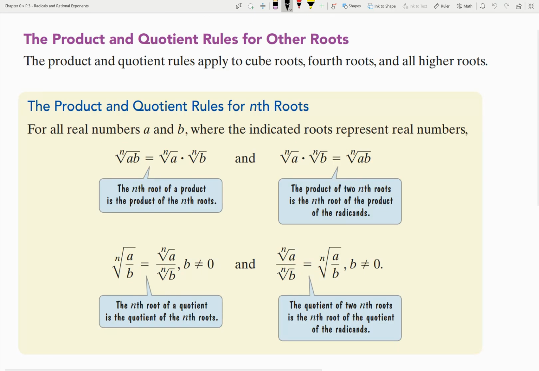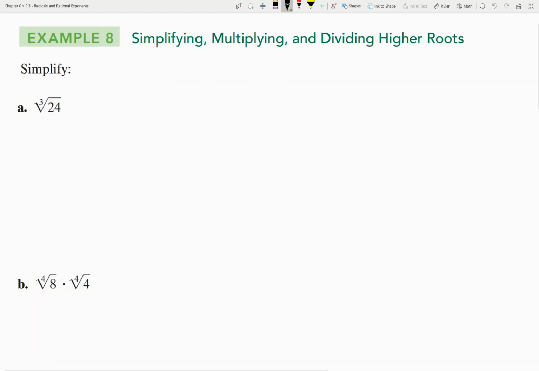The product rule and the quotient rule work the same. As long as you have the same index, you can use the product rule, either pulling two radicals apart or putting them together, or the quotient rule, either putting them together into one fraction or pulling them apart. Okay?